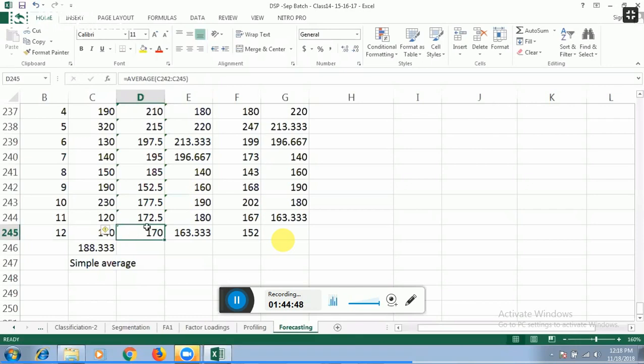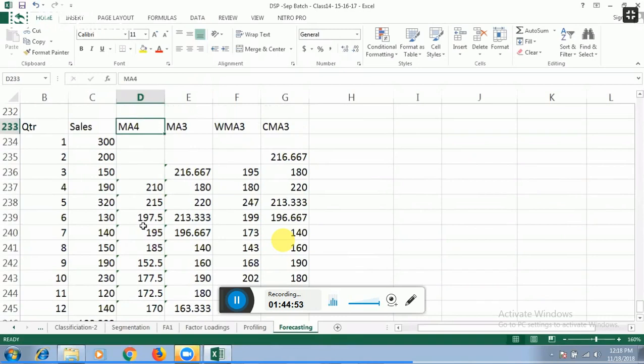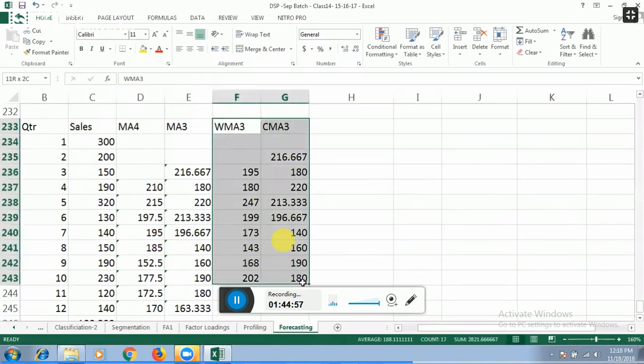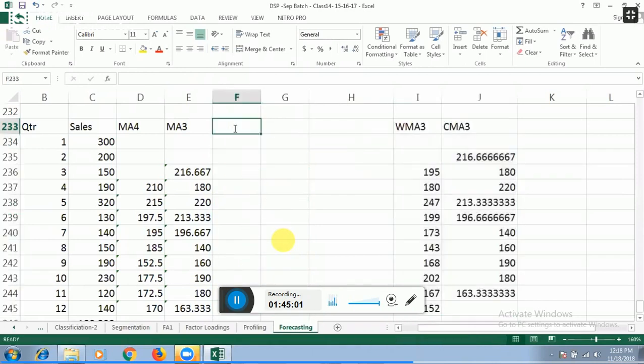But the question is how to decide whether we need a moving average of 3, or 4, or 5. That's the place for the calculation of the metric. You remember the metric? You take the MAPE for moving average 3. So what is the error?